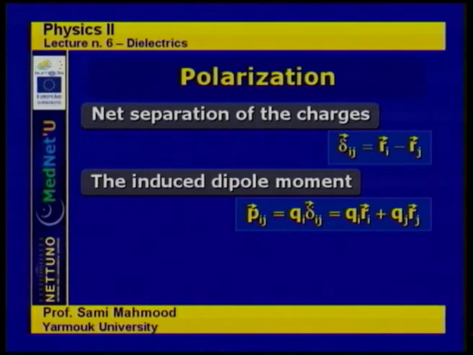And this is simply qi times (ri minus rj). And if we introduce qj equal to minus qi, then this p sub ij is equal to qi ri plus qj rj.